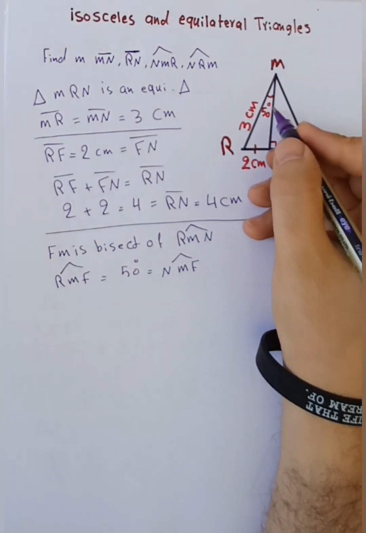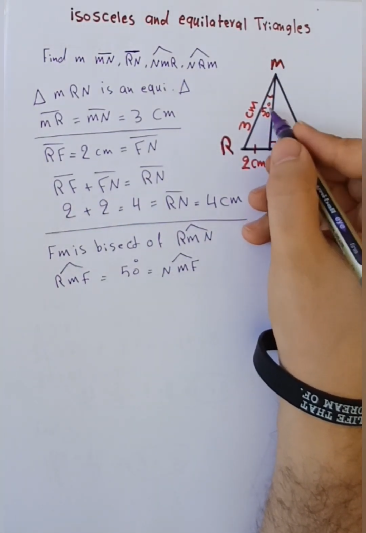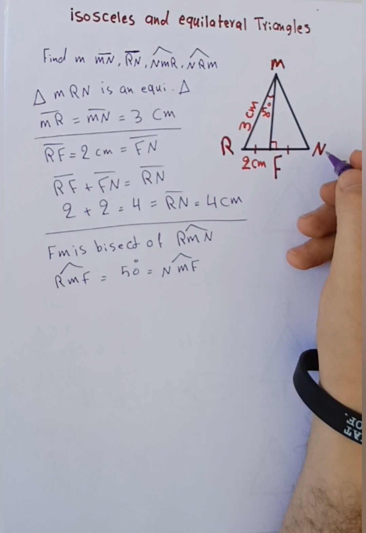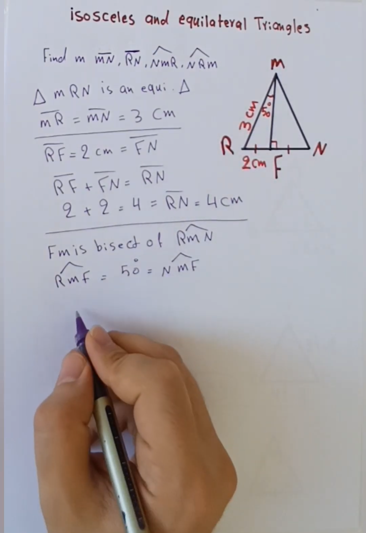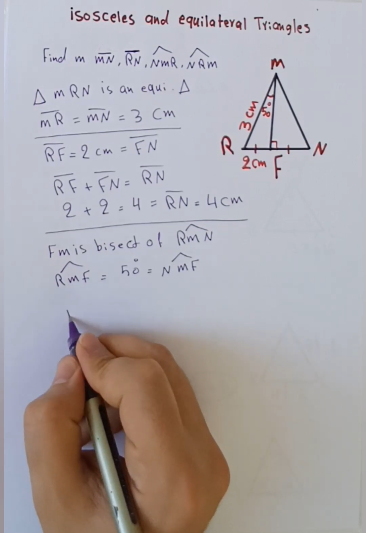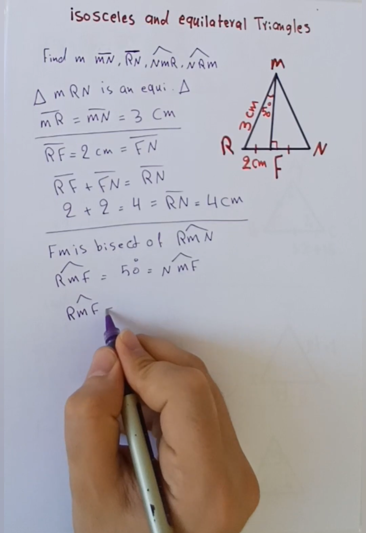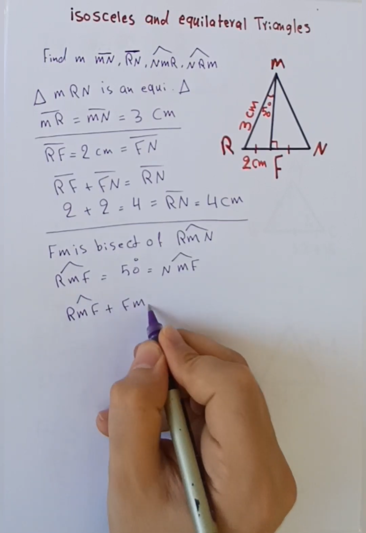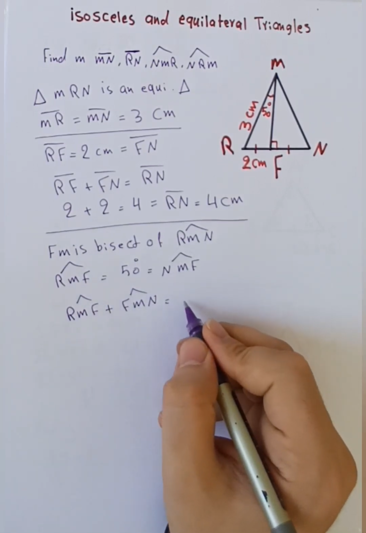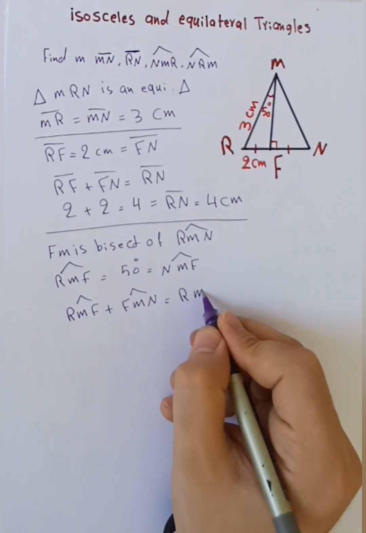And then we have to add the measure of these two angles to know the measure of angle NMR. So we have the measure of angle RMF plus FMN equal to the measure of angle RMN.